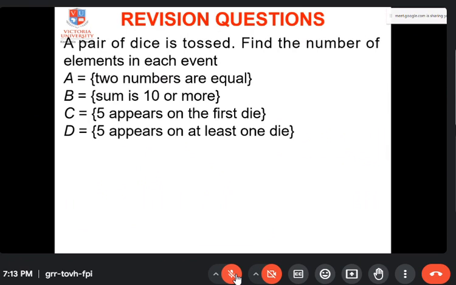They are saying 10 or more. I think here we have 4, 6.